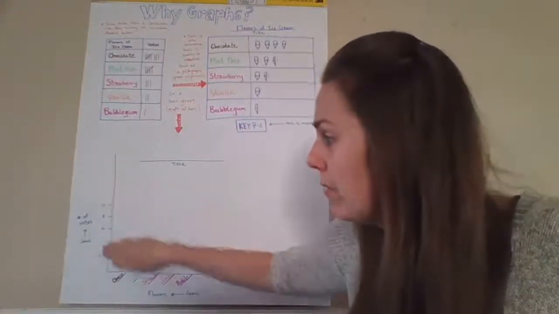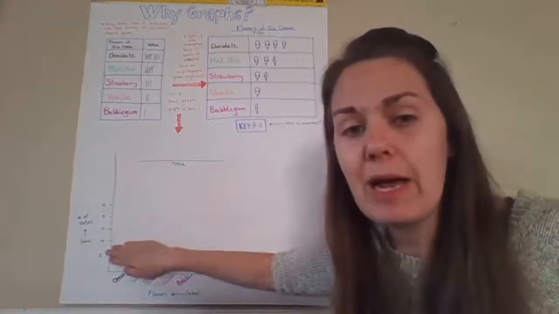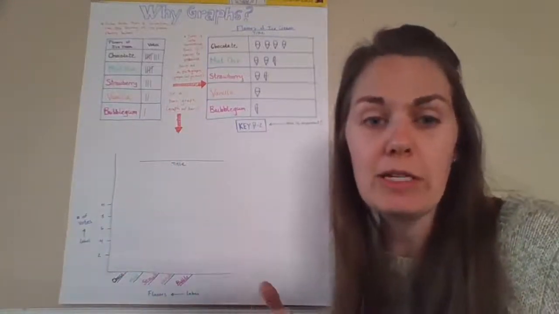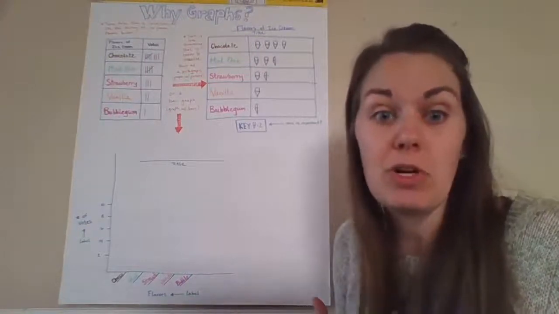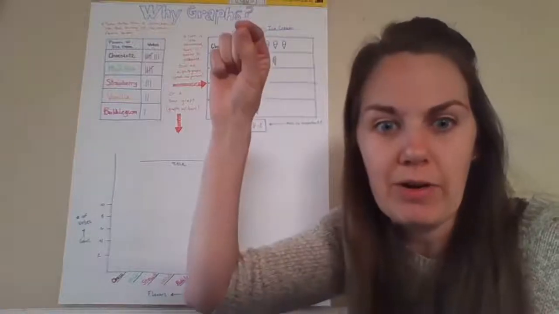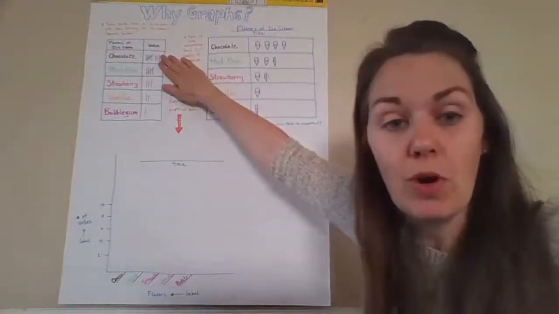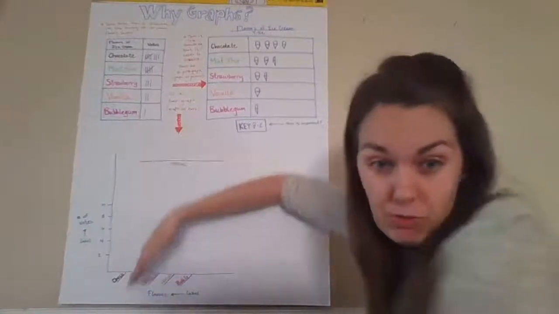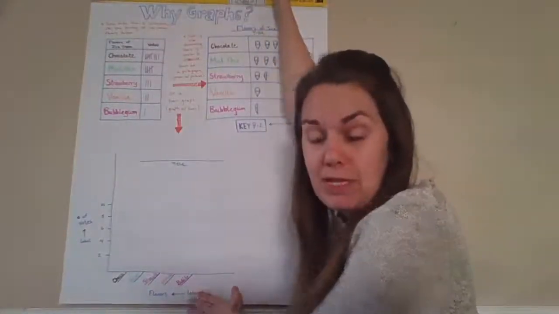So really, when we're setting up our y-axis, the reason that we skip count is because we're trying to make it easier on ourselves, so that we don't have to spend so much time figuring out our units. If my top vote was in the hundreds and I was counting by ones, I would need a really long graph to represent that.